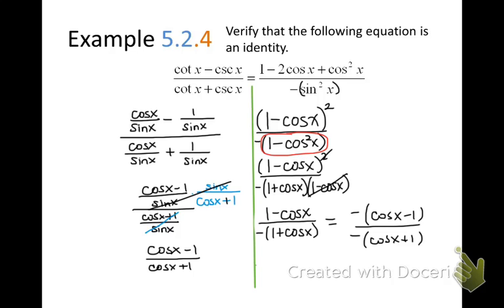So all I did was, on this one, I just switched within the parentheses those two. Now these two things turn to positives, and you've got exactly the same piece on both sides, so you are done.